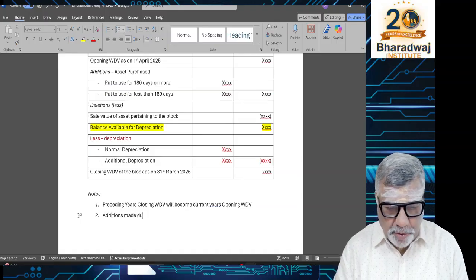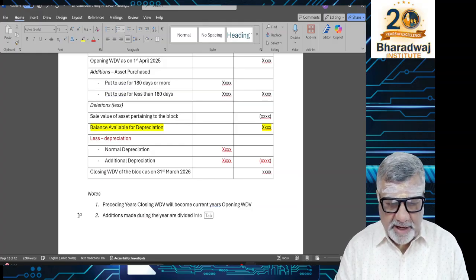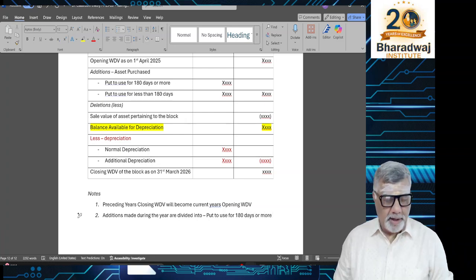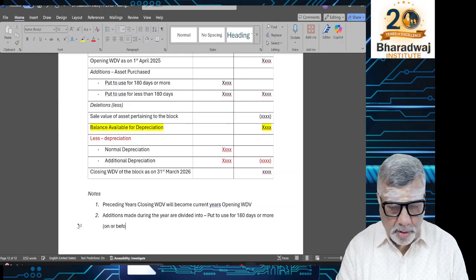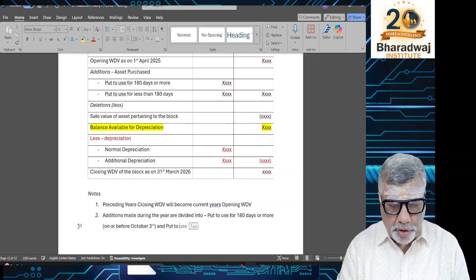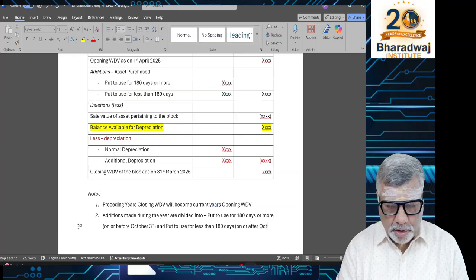Additions made during the year are divided into put to use for 180 days or more, on or before October 3rd, and put to use for less than 180 days on or after October 4th.